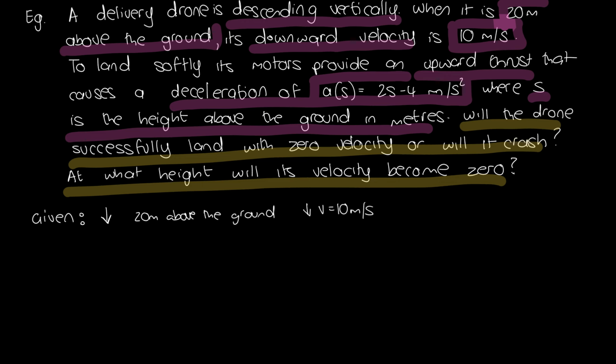And then to land softly, its motors provide an upward thrust. So its motors are giving an acceleration in the up direction of a(s) equal to 2s minus 4 meters per second squared. And here this s is the height above the ground.